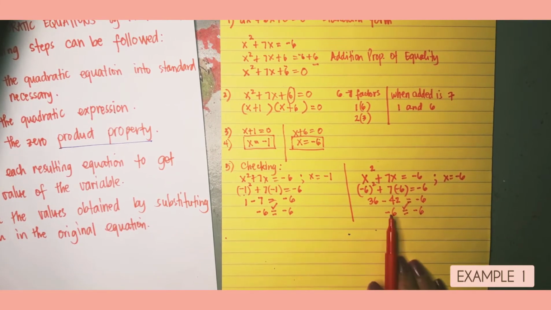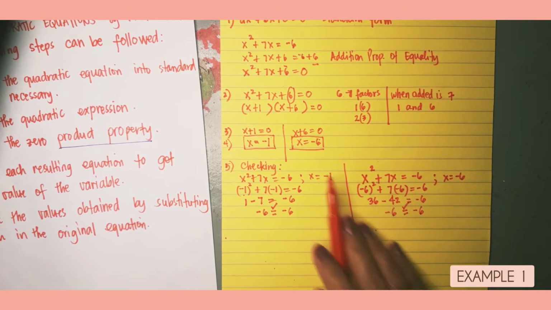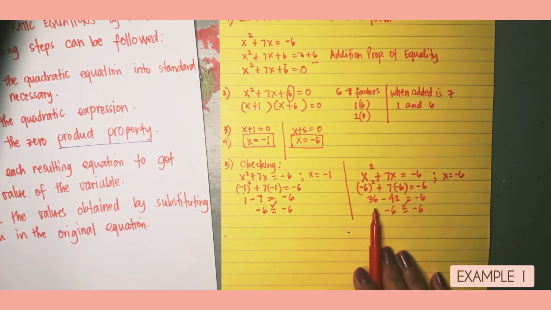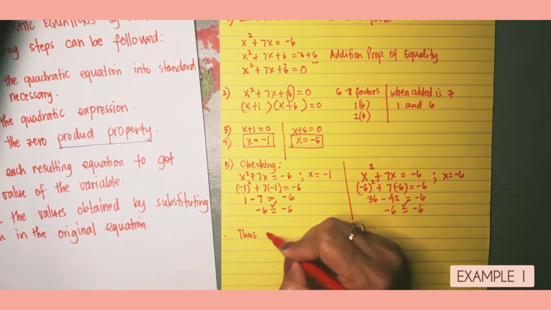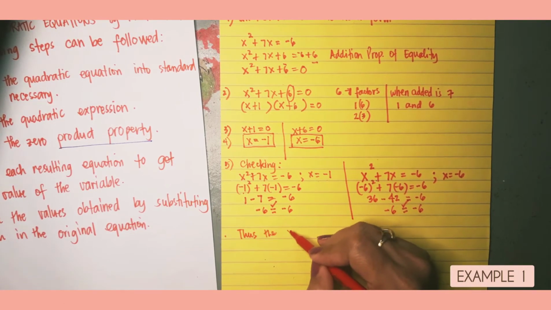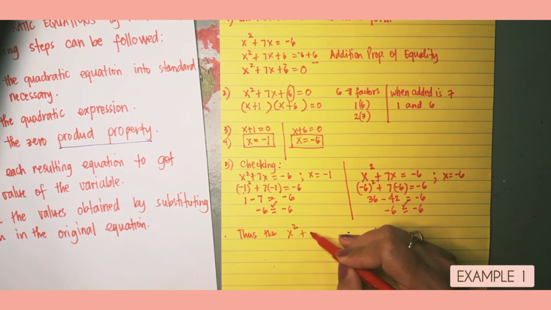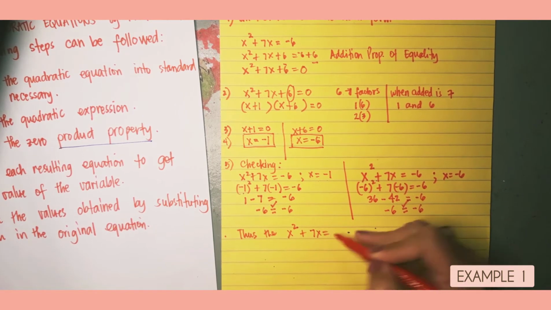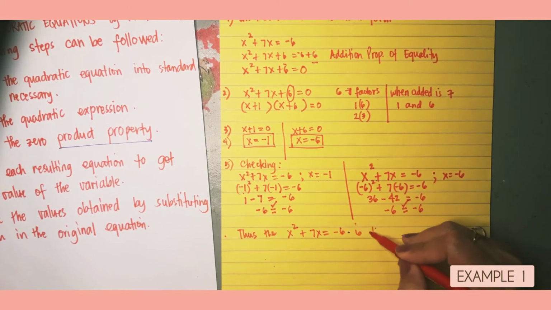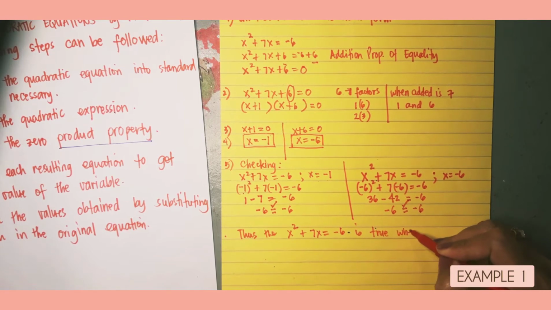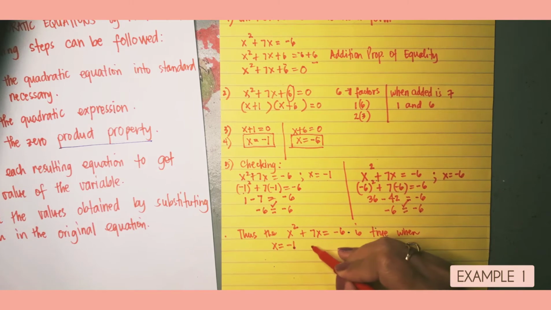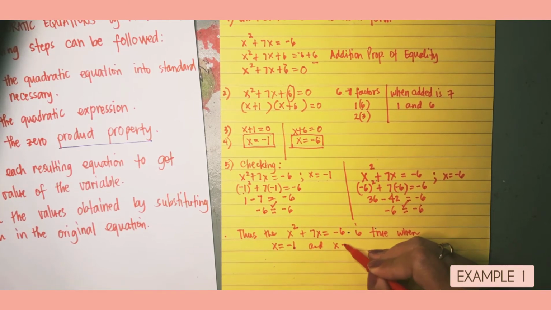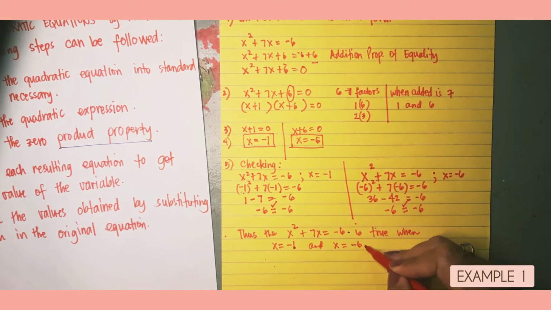Now, both values of x satisfy the given equation. Thus, the equation x squared plus 7x equals negative 6 is true when x is equal to negative 1 and x is equal to negative 6.